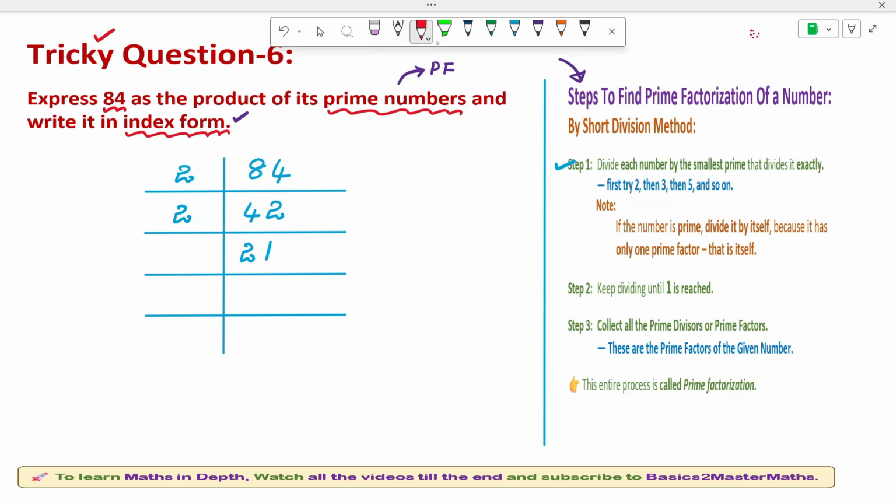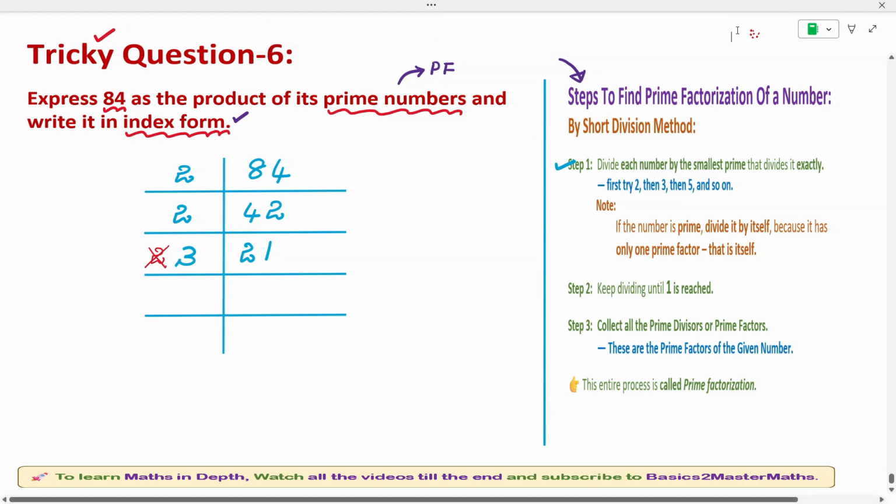Again, start dividing 21 by the smallest prime 2. Since 2 does not divide 21 exactly, move to the next smallest prime 3. Since 3 divides 21 exactly, we get 7.